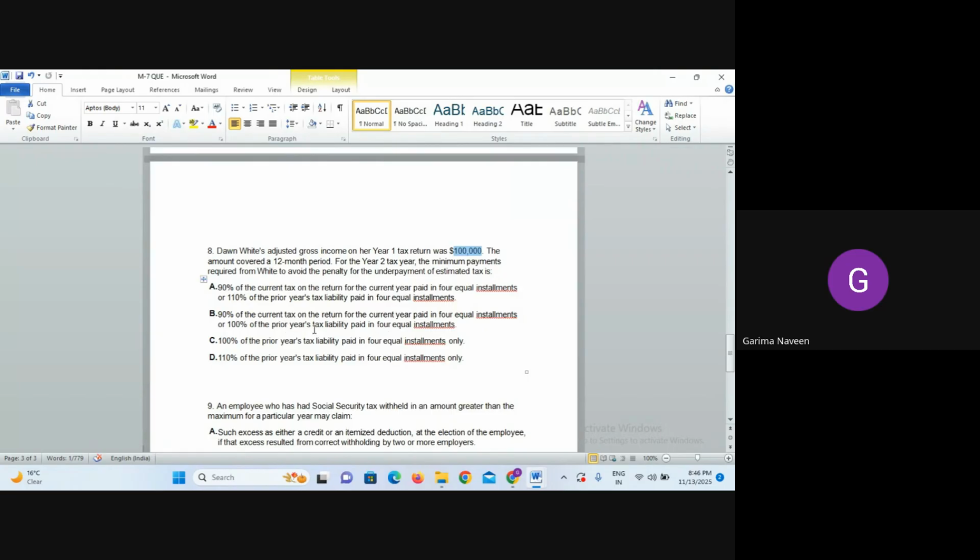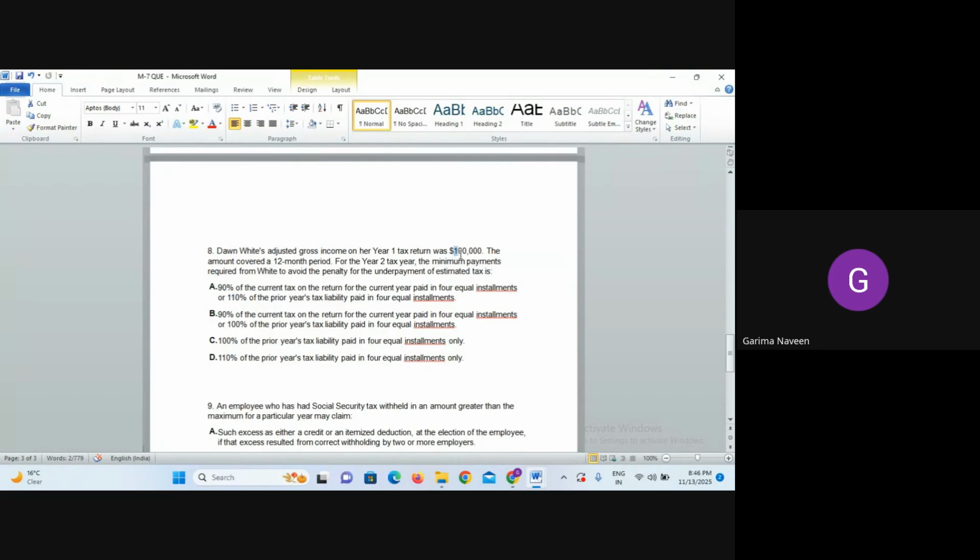Okay. So why not 110%? It is 100%. 110% will be applied if prior year AGI is more than $150,000.